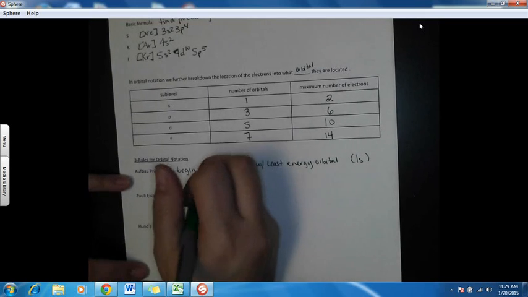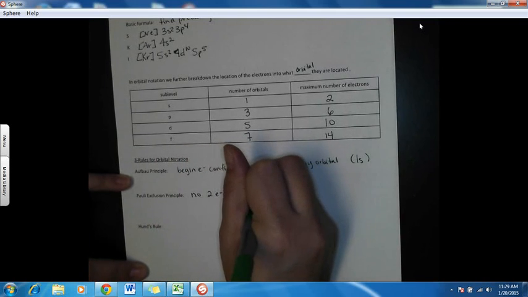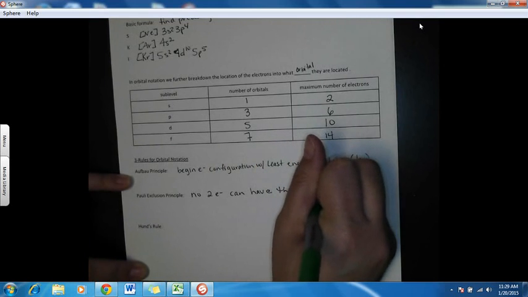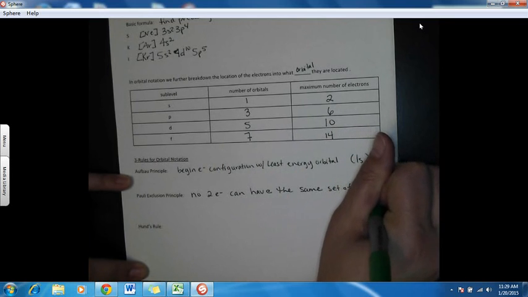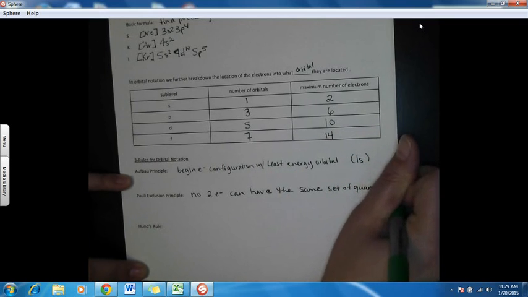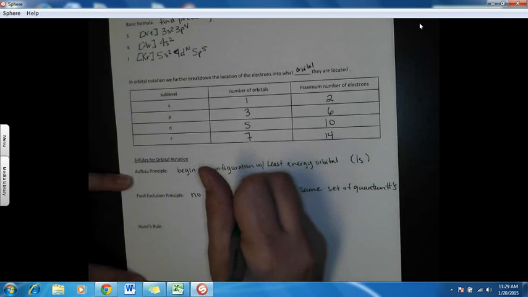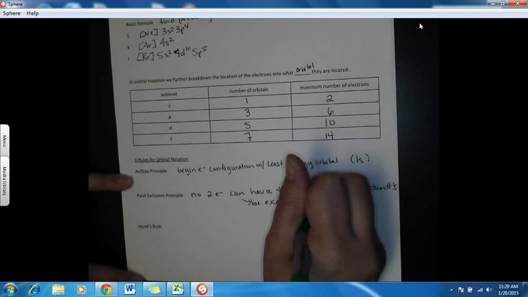Okay? The Pauli exclusion principle says that no two electrons can have the same set of quantum numbers. And so what that really means is that they must be different. So no two electrons can be exactly the same.